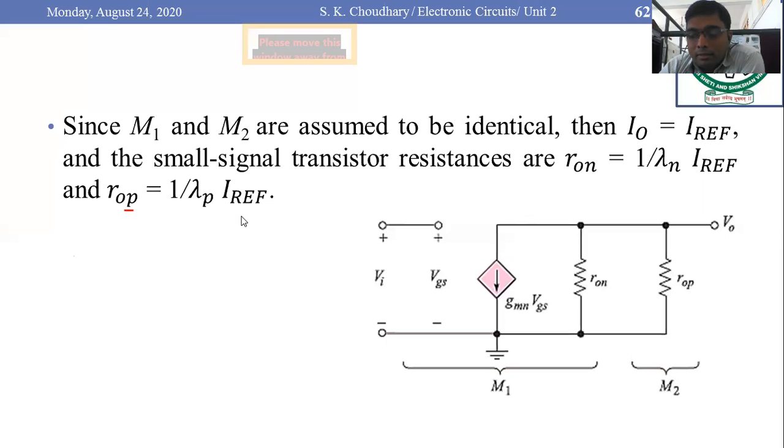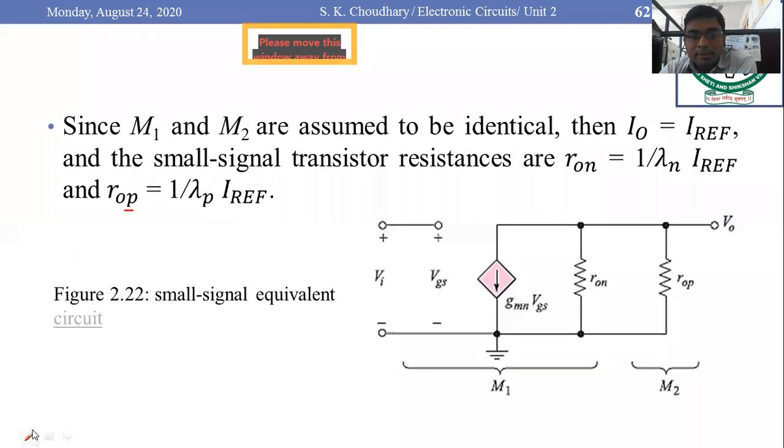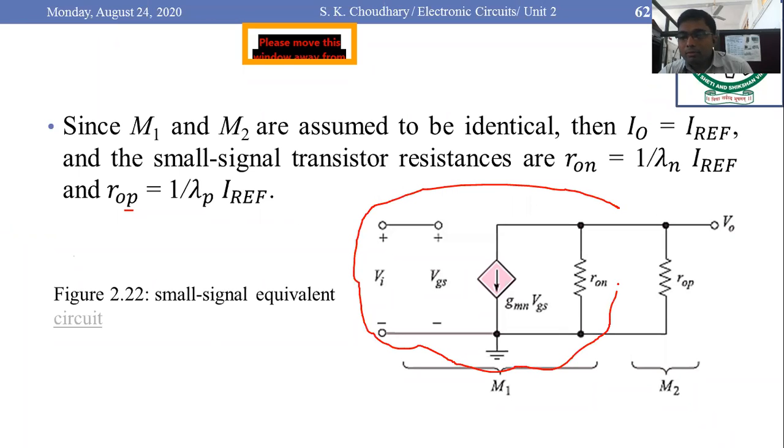So can we draw the equivalent circuit? This is the equivalent circuit of the MOSFET active load circuitry. Up to this region is the equivalent circuit of M naught, the driver transistor. There is a current source, this is VGS, which is equivalent to Vi. This is the R naught for NMOS.